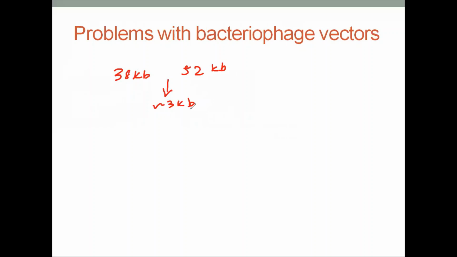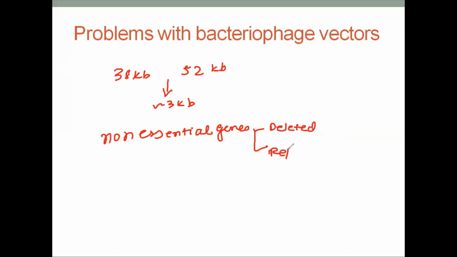So what we do is, we have non-essential genes present in the phage. They are not used. So these non-essential genes are either deleted or replaced. In these two conditions, we can increase our DNA insert size.